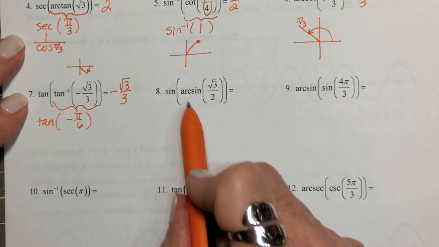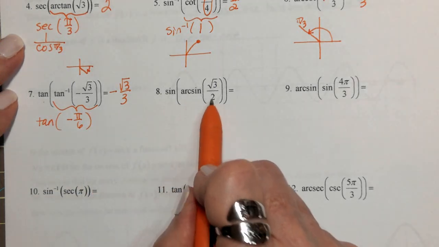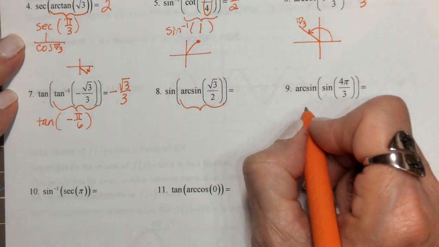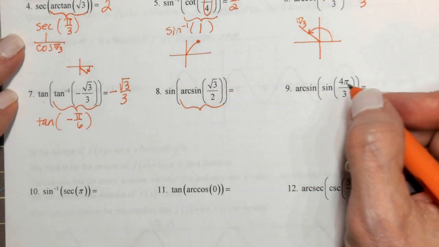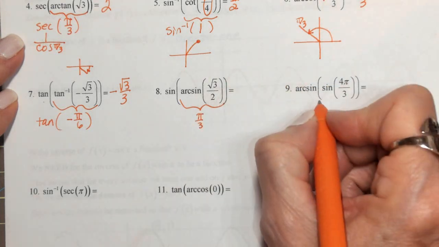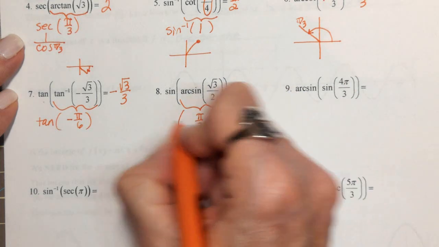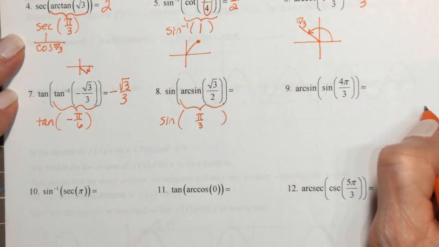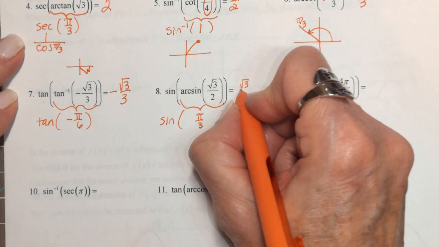Okay? What about sine of arcsine of square root 3 over 2? What is arcsine of square root 3 over 2? First quadrant, sine of pi over 3 is square root 3 over 2. And so then sine of pi over 3 is square root 3 over 2.